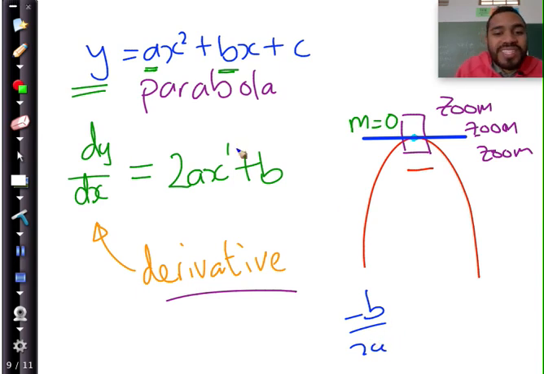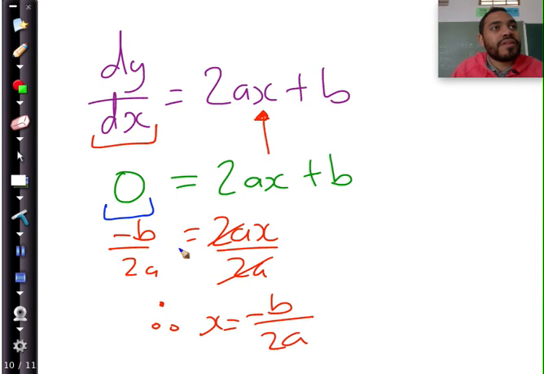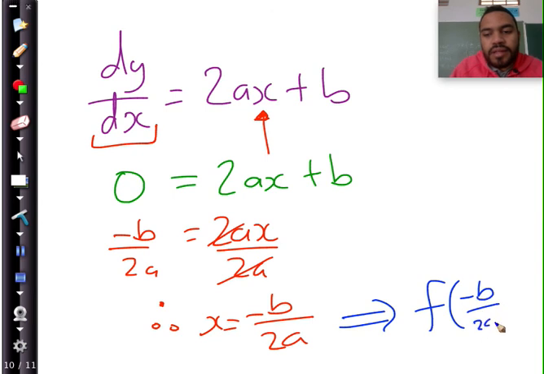What were the steps here? Step 1, find the derivative. Step 2, we made the derivative equal to 0. Why did we do that? Because we know the derivative or the gradient at the turning point is equal to 0. Then what did we do? We solved for x. And then what did we do with that x? We took it and we put it in f of x. So we take that result and we put it back into the original function. My question to you is, how many steps are there? 4. Very good. Okay.